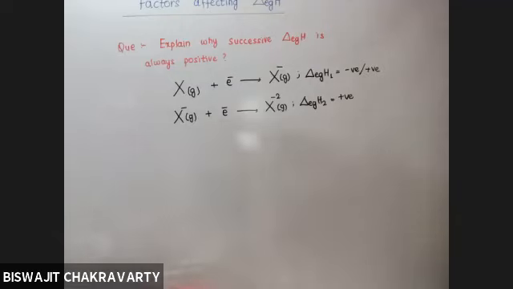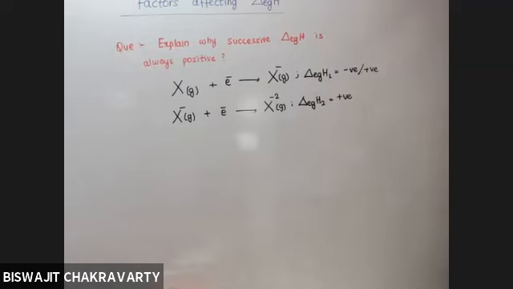Why do you think there will be difficulty? What is the reason? Sir, due to repulsion. Because from the second step onwards, you are adding an electron to an anion.